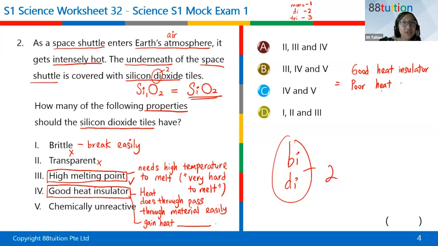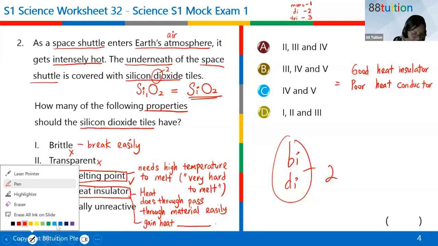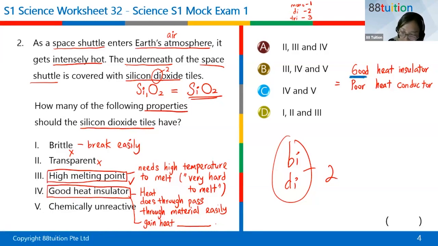Starting with C. Conductor. This part, please remember. So I'm going to write here, opposite of good is poor or bad. Opposite word of insulator is conductor.